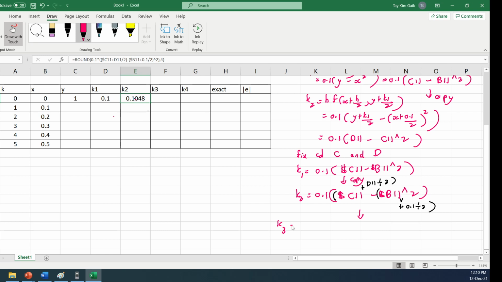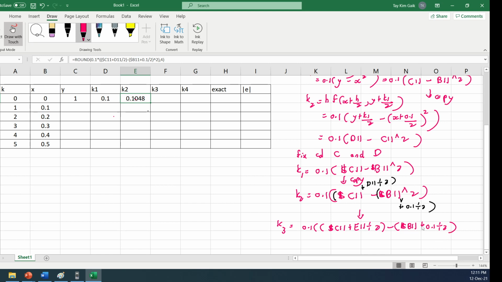K3 formula, you have 0.1, this one bracket, dollar C11. When you copy, dollar C11 still C11 plus D11. When you copy to the next column, I didn't fix anything, D will become E, automatically correct, where E11 is K2, so the formula is automatically correct. Then this dollar B11, plus 0.1 divide by 2.